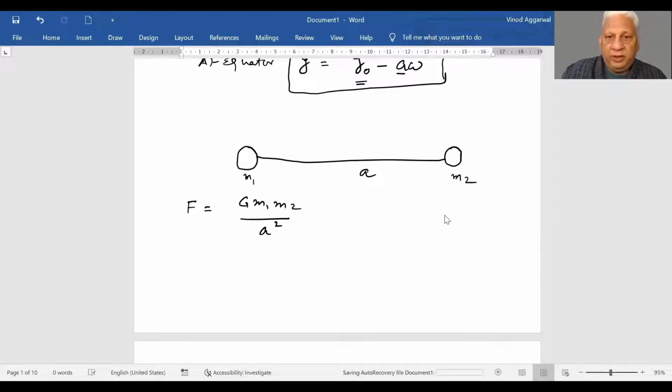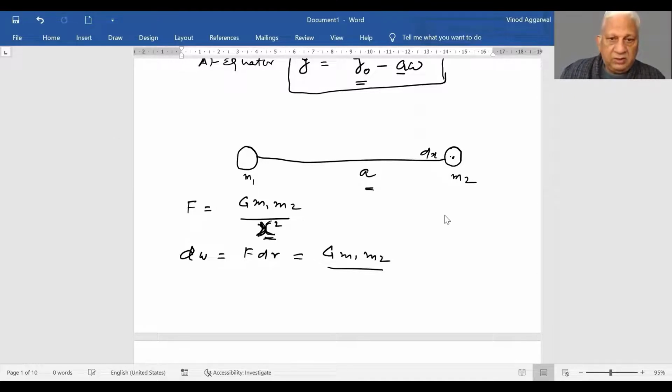Now, if this body travels dx distance from the original position, what is the work done? Work done will be F dr, which is equal to G M1 M2 over, for argument's sake, x square, because A is the final value to which it gets integrated. So we are keeping this as x to distinguish it from this A.